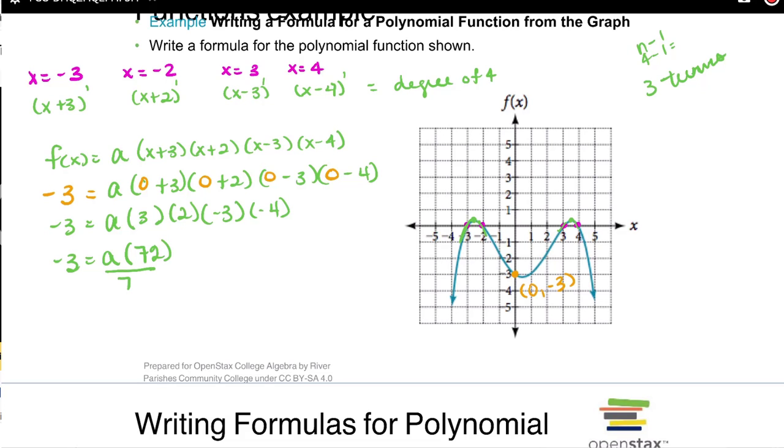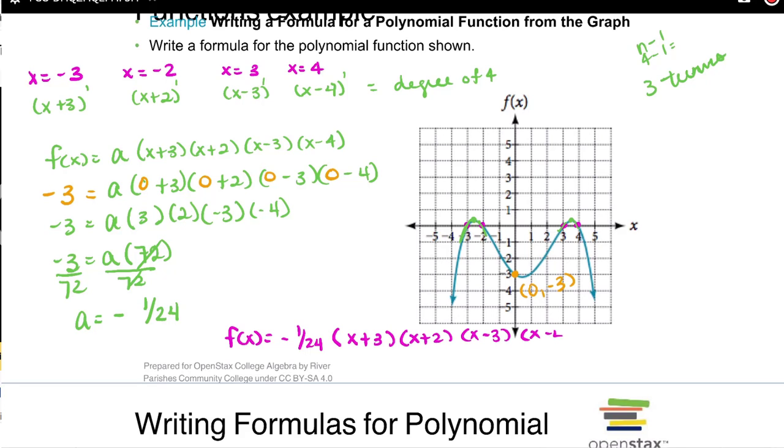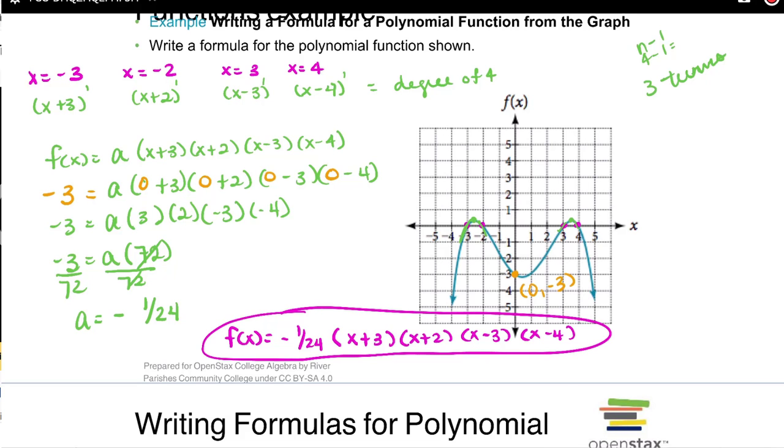So then we want to divide both sides by 72, and if we reduce that fraction, we get -1 over 24. So now that we know a, we can write our equation. Our equation is f of x is equal to a, which is -1 over 24, times the factors, x plus 3, x plus 2, x minus 3, x minus 4. And that worked out with multiplicity of 1 for each.